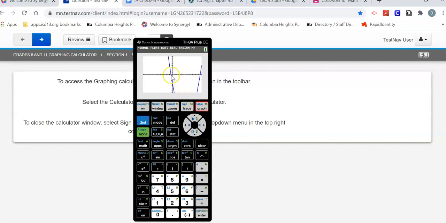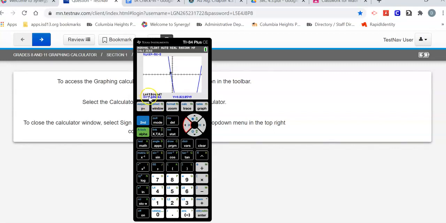Now we want to calculate when y equals 0, what does x equal? So we have to hit the second key and then calculate, and select the second option down, that says zero. The first option you have is left bound. Normally this would be on the left for you, but because I already went through it, it was on the right for me.